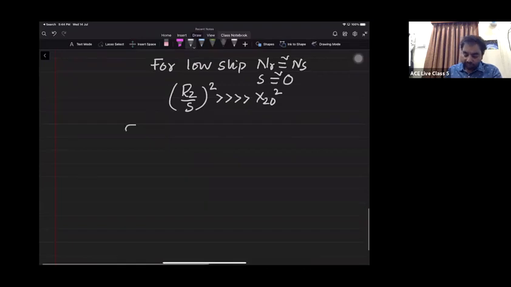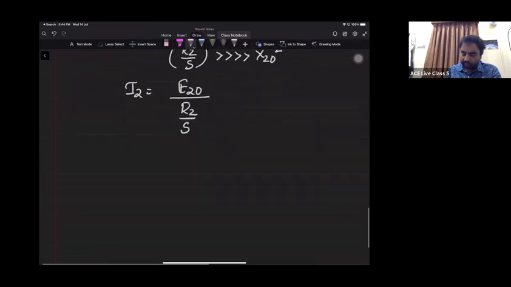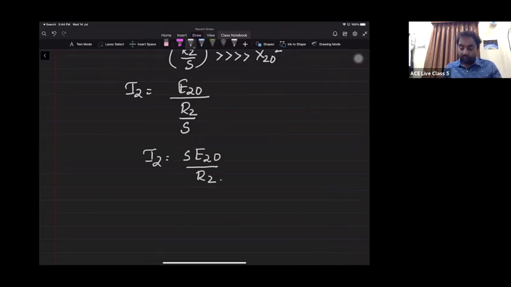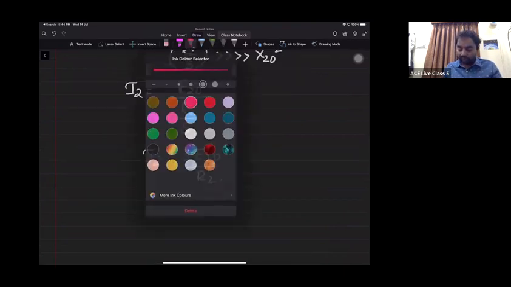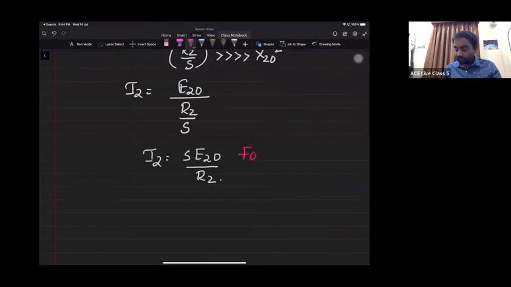Then in that case, I2 is equal to E2 naught by R2 by S. Then I2 is equal to S E2 naught by R2, right? So this is only for low slip operations.